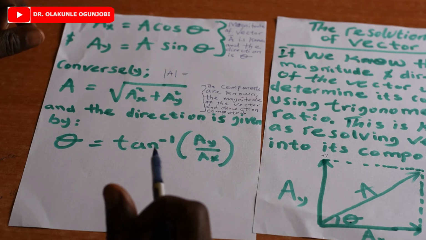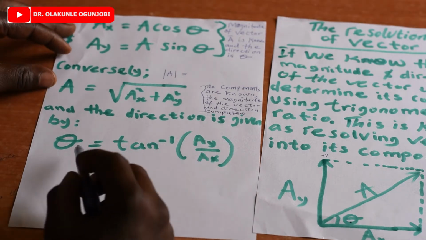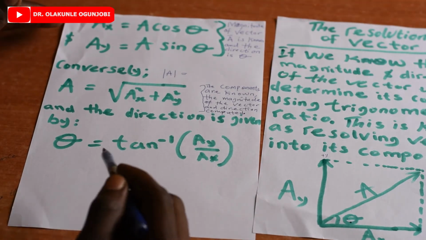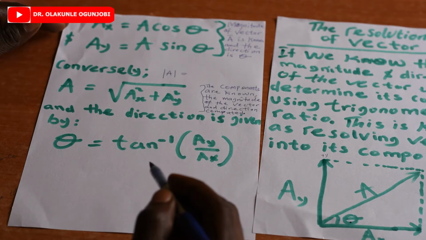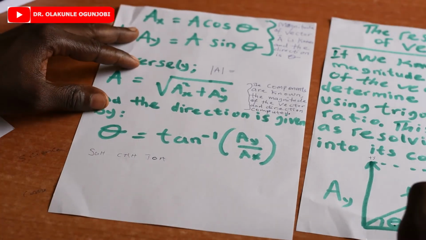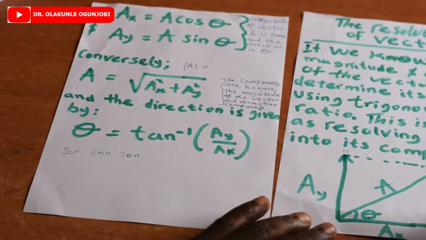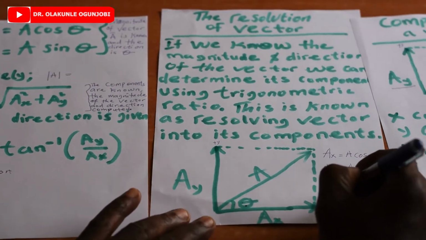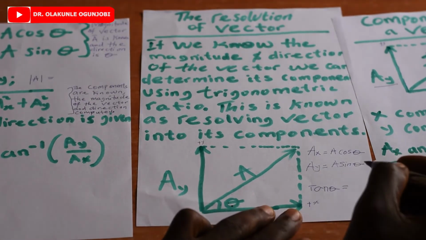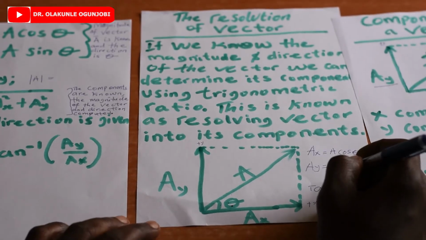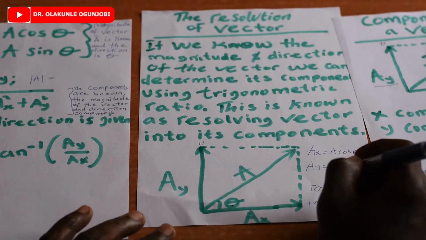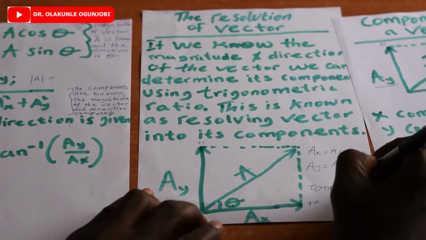In this case, the direction is given by theta. When you take the inverse, you remember your SOHCAHTOA. Tan theta will be equal to opposite over adjacent.